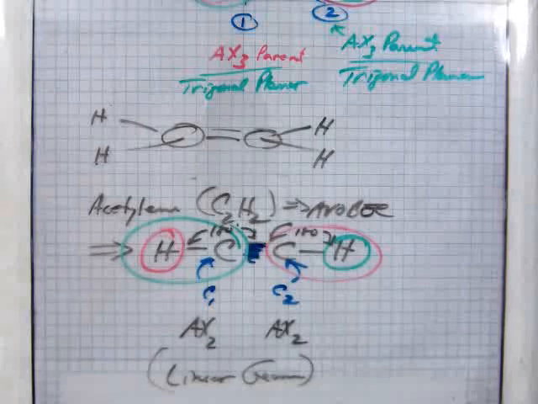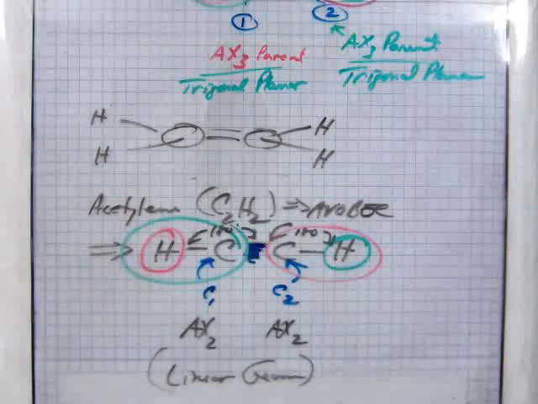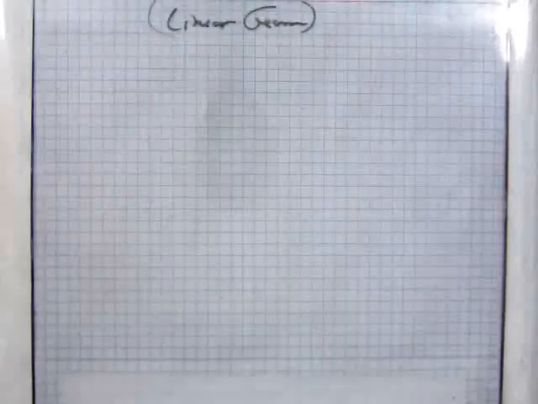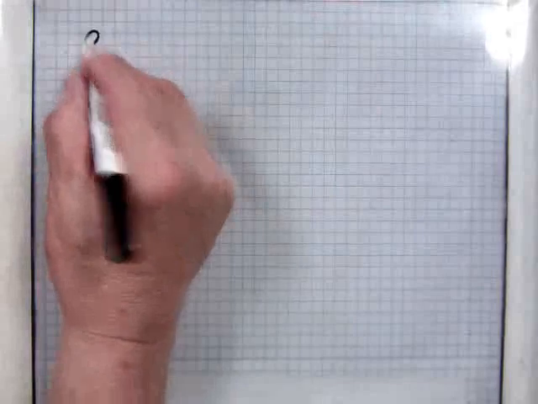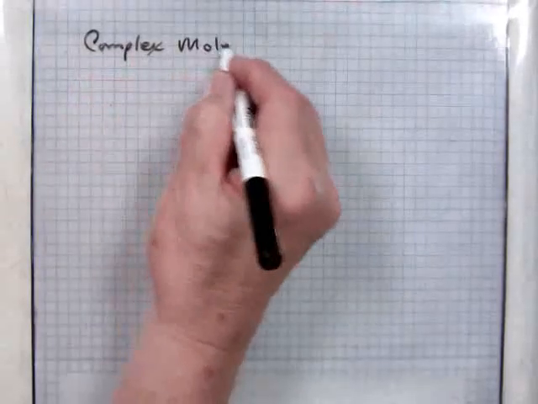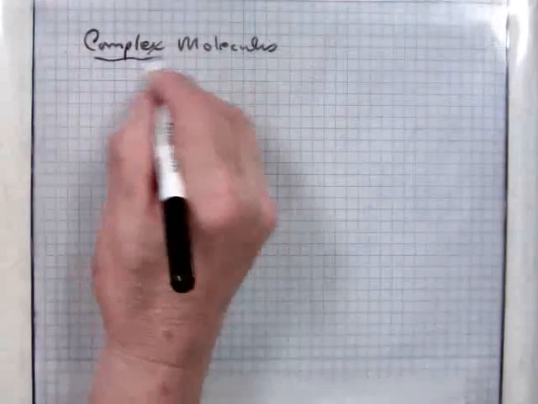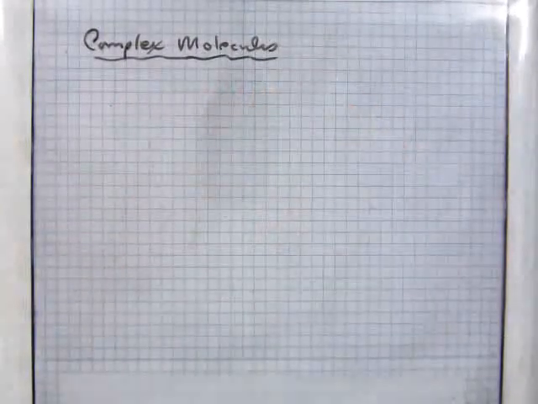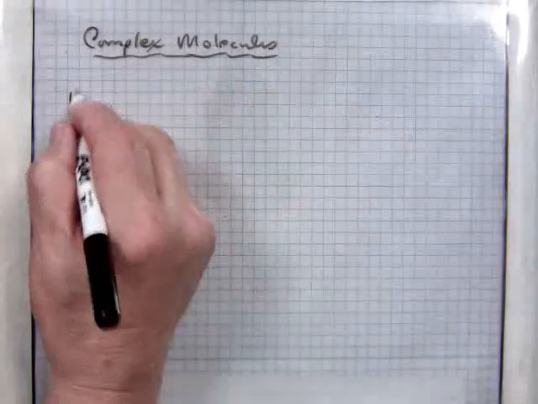Okay, with that, now I can do complex molecules and show you how those are untangled in VSEPR theory. So I'm going to make up a molecule, like I said a minute ago, but here is the idea.